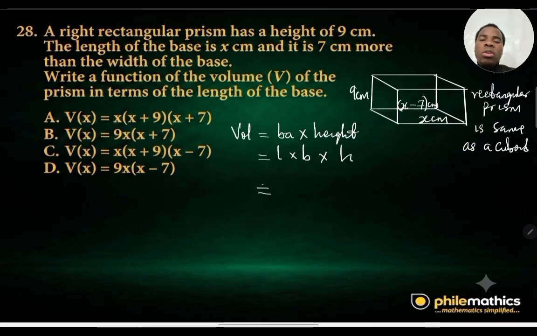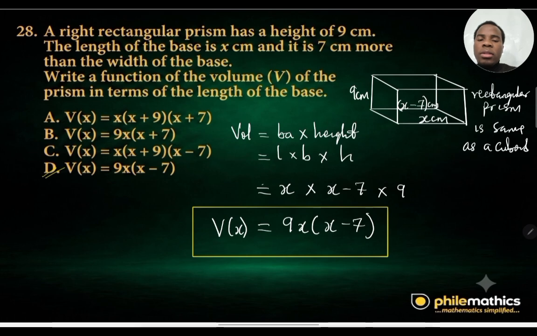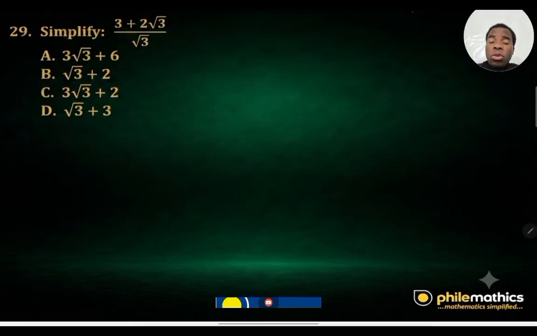And so this gives us the length is x times the breadth is x minus 7 times the height, which is 9. And so the volume of a rectangular prism as a function of x will be 9x times x minus 7, which is D.